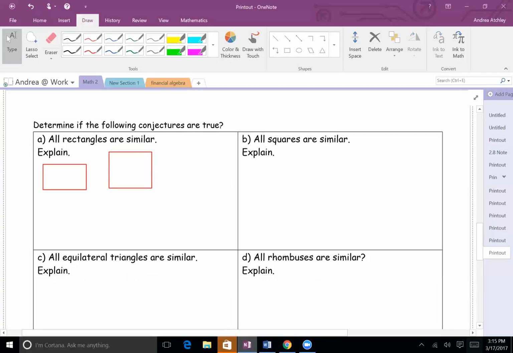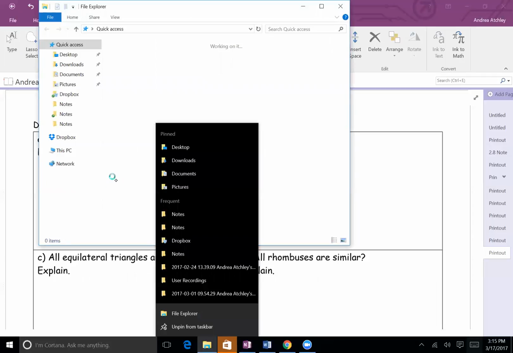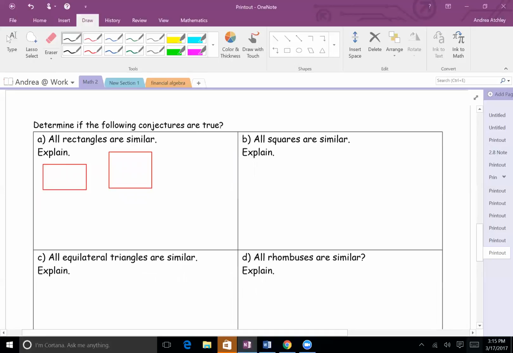Are those two rectangles similar? They do all have right angles, so all the angles are congruent, but are the sides necessarily proportional? And that would be no. Not all rectangles are similar.